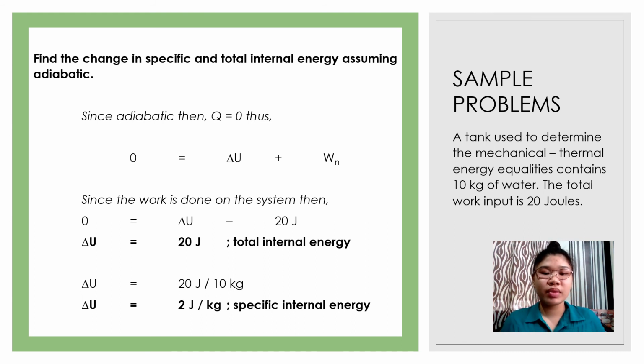By transposing negative 20 joules to the other side, we have delta U, or change in internal energy, is 20 joules. But the question is also about specific internal energy, so we divide by the given 10 kilograms of water. Our final answer is 2 joules per kilogram for the specific internal energy.